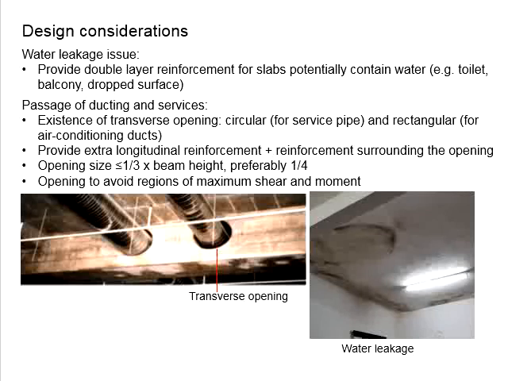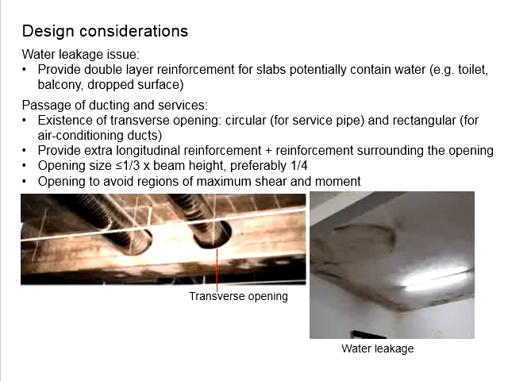You will also need to consider the size of the beams that are likely to have the opening. You would like the beam to have a larger depth so that the opening size is kept within 1/3 of the height of the beam, as normally practiced by the industry.